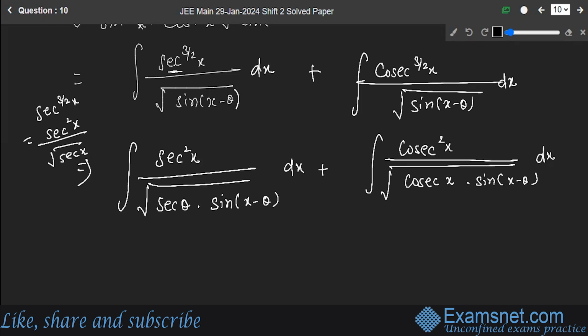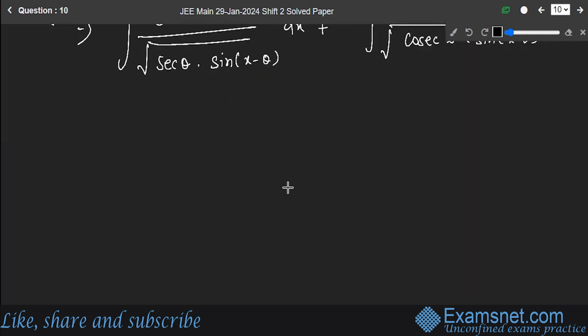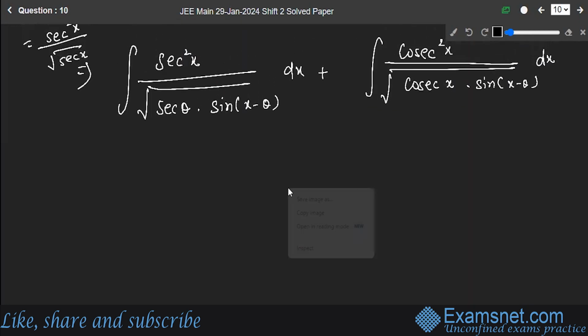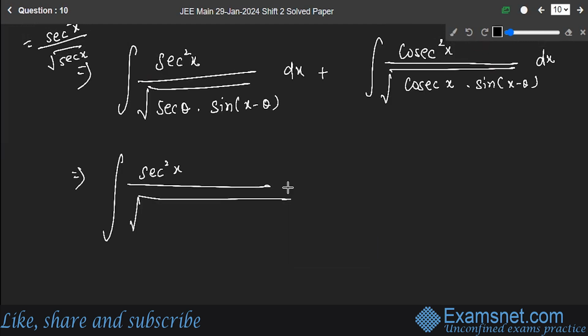So let's open up the brackets in the denominator. Let's open up the sine in the denominator. This will be secant square x divided by root of secant x. This was theta, no, this was x.